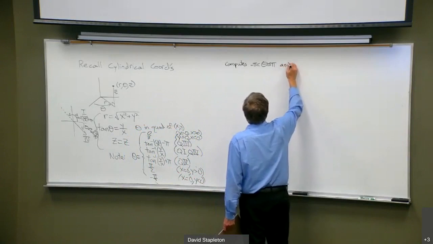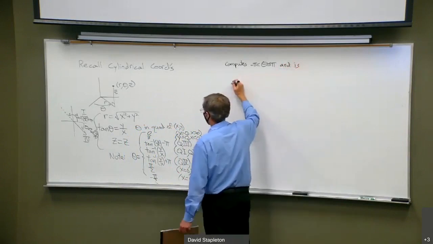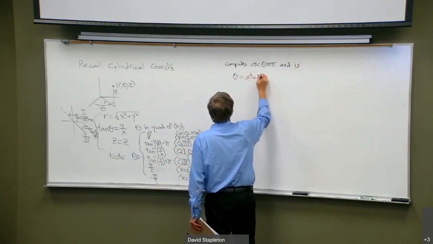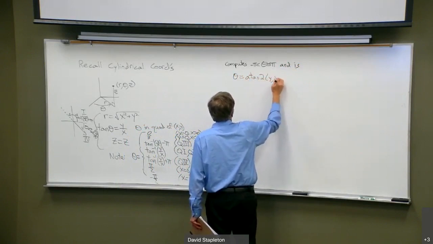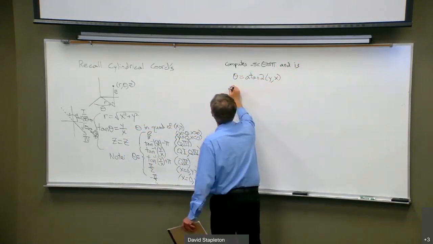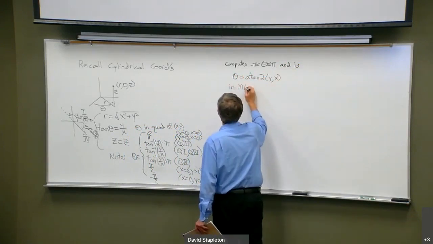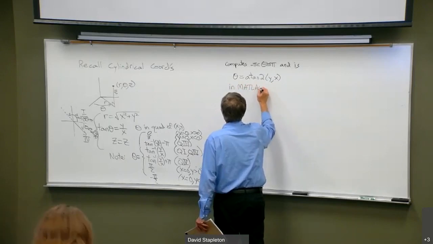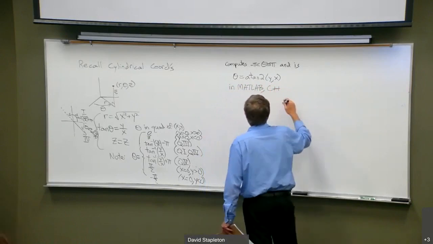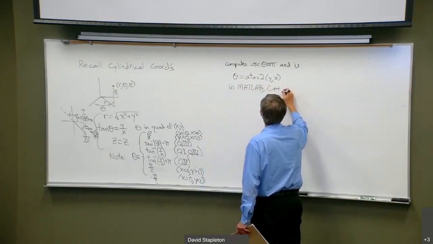This computes it and is programmed in many programming languages as atan2. So theta equals atan2 of the y coordinate first and then x, atan2(y, x), in programming languages such as MATLAB or C++, which has had this available, and other languages also.